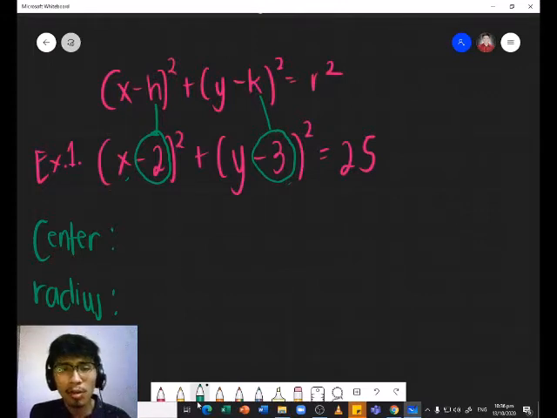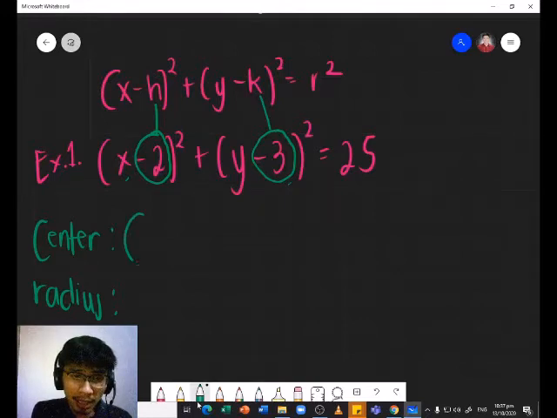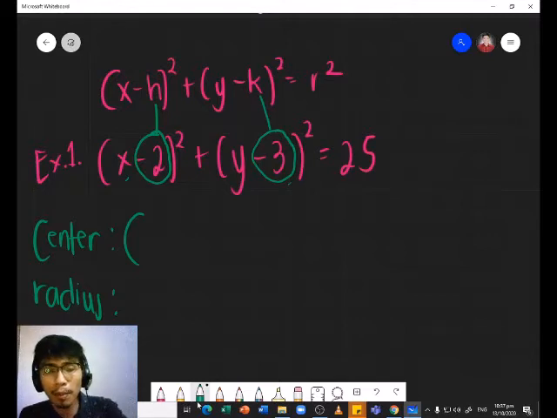But how are you going to identify the center? Take note that every time I ask you to get the center, I am referring to a point. The center is a point located in the middle of the circle, so it should be written as a Cartesian point, or an ordered pair rather.